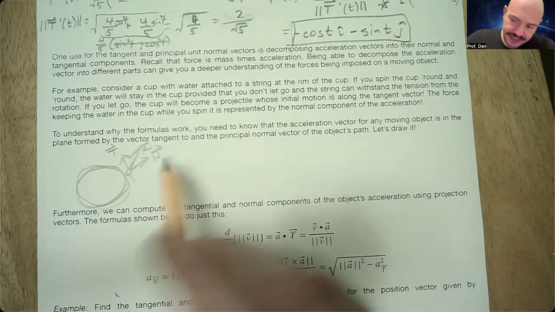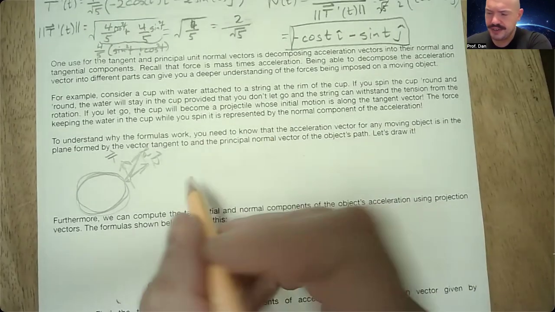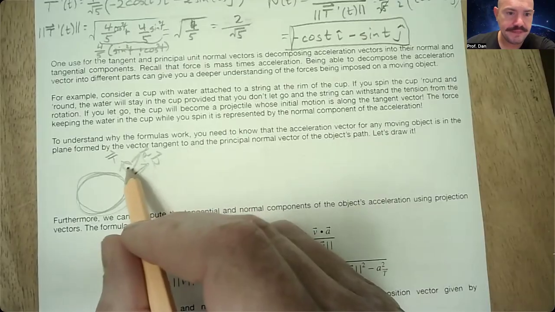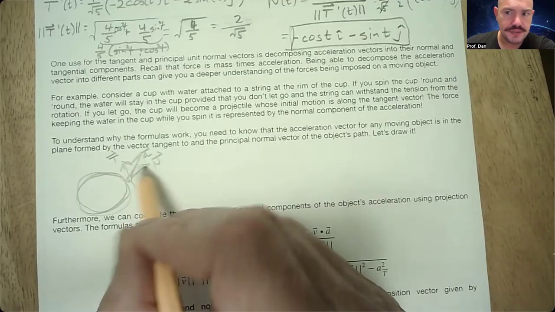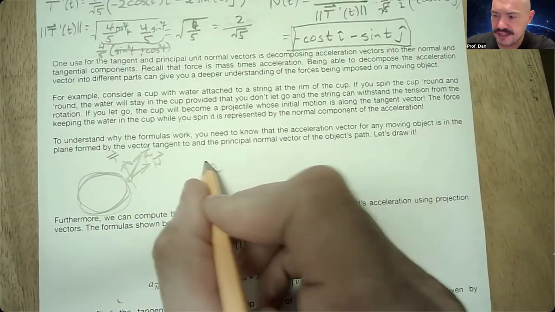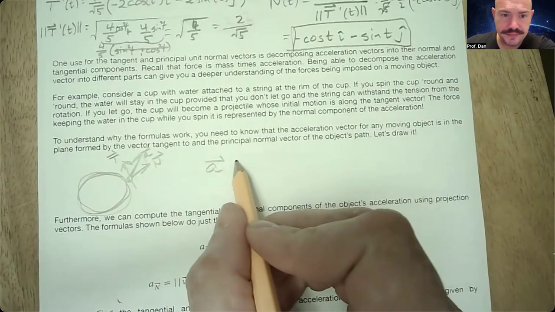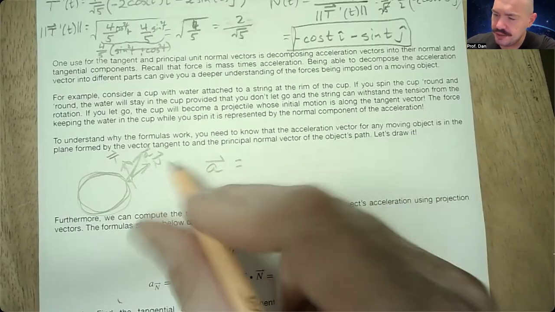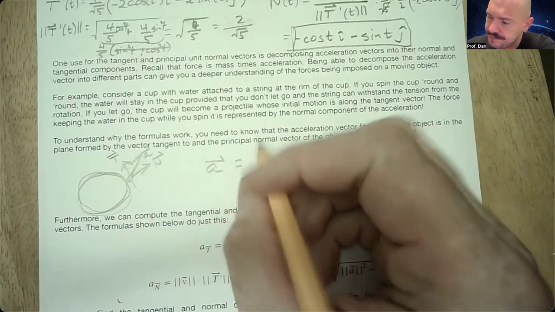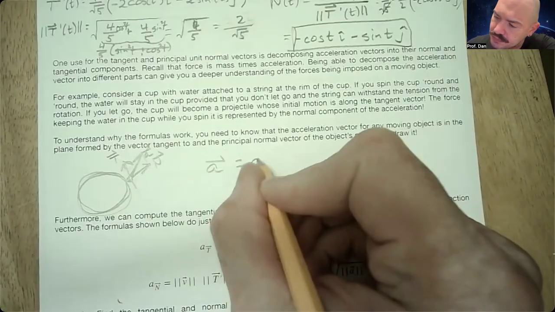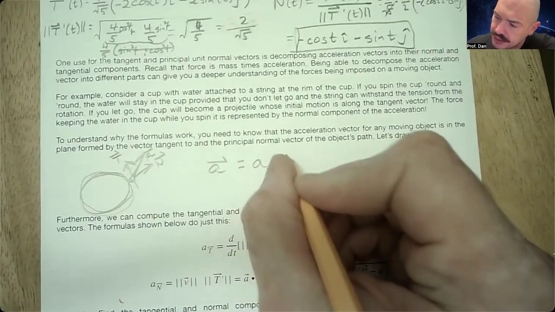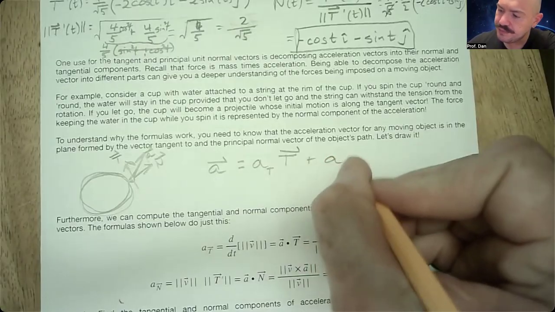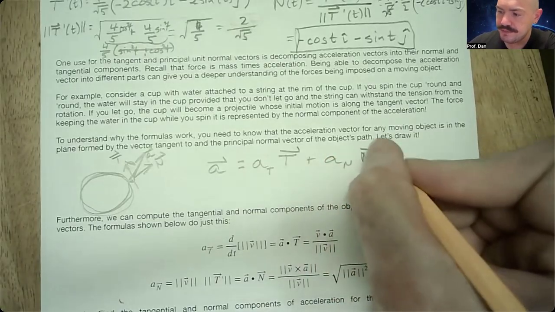And if you ever take linear algebra, you would learn that that actually has an implication, that the acceleration can always be written as a linear combination of these two vectors. In fact, that's exactly what we're saying here. The acceleration is always equal to a combination of the tangent vector and the normal vector.